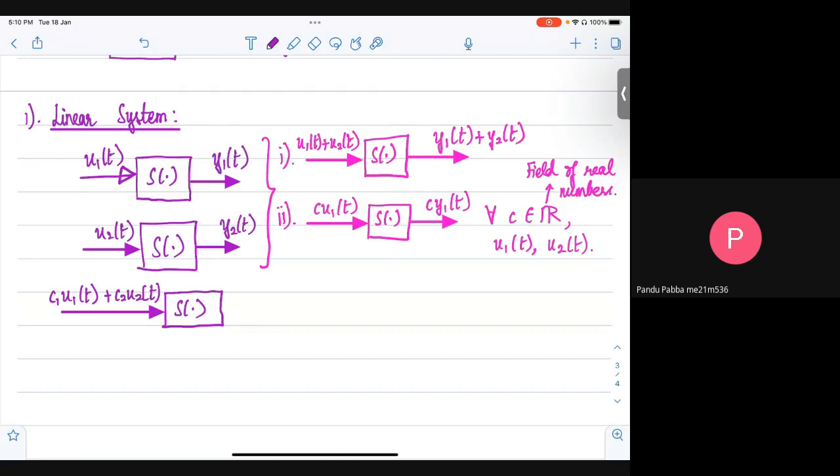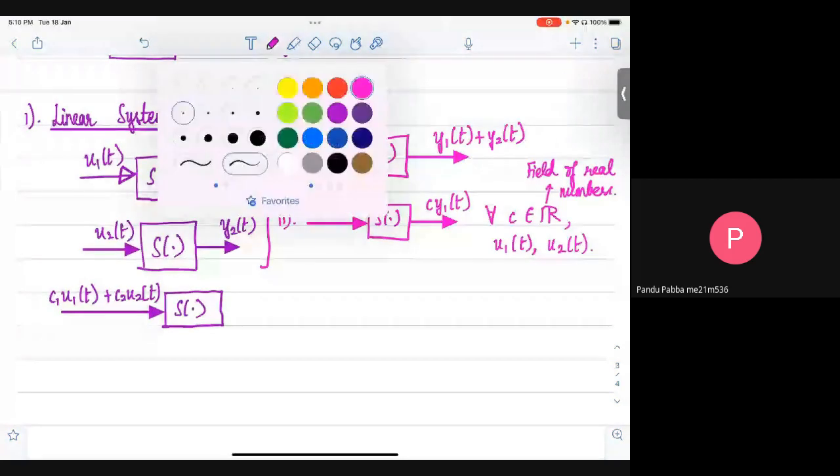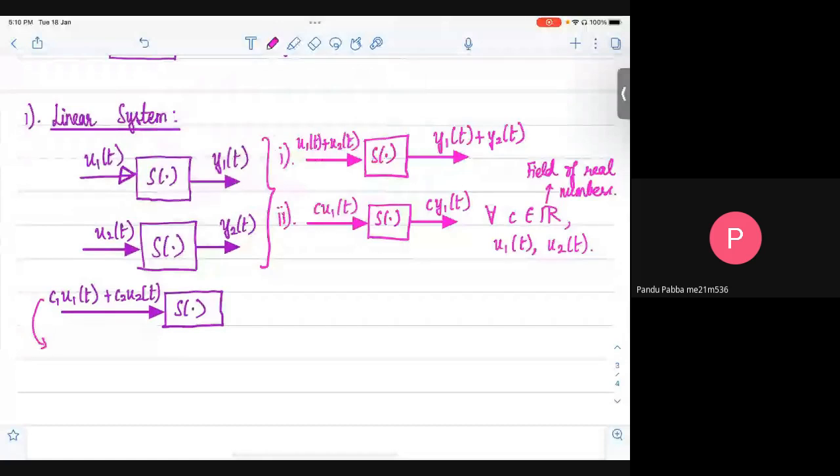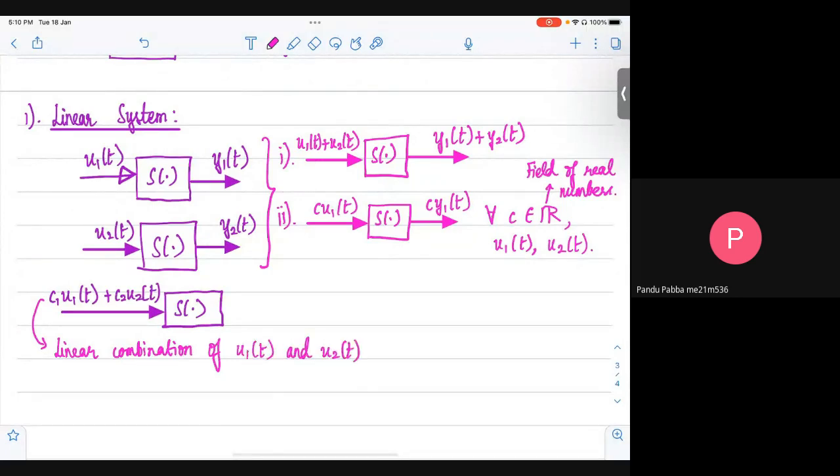So this is what is called a linear combination of the inputs U1 and U2.